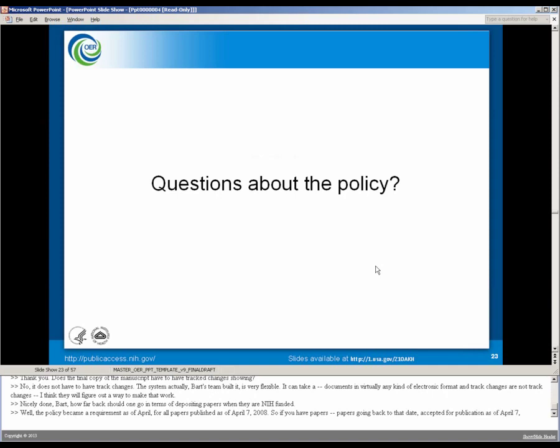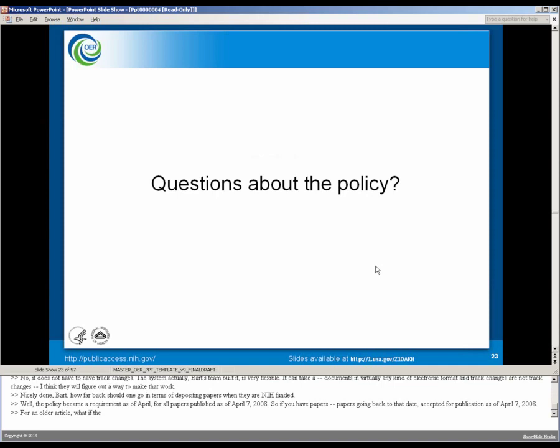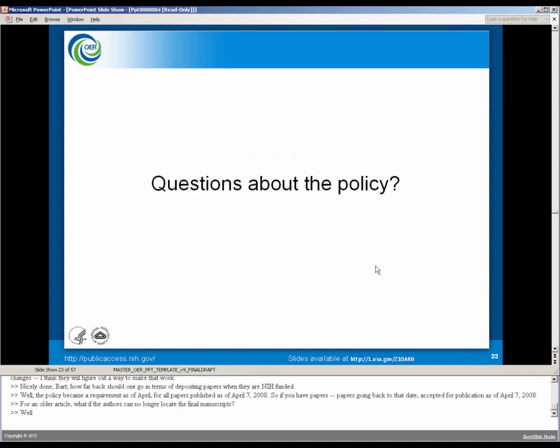For an older article, what if the authors can no longer locate the final manuscript? Well, in those cases, I think we will take the PDF of the final published article, but we need the publisher's permission. Is that right, Bart?